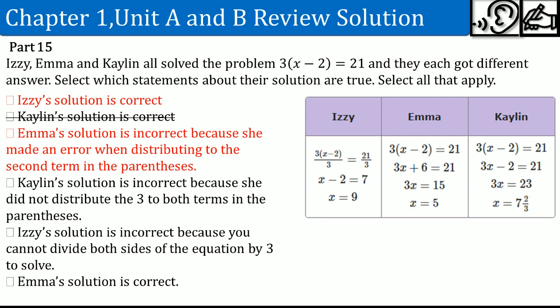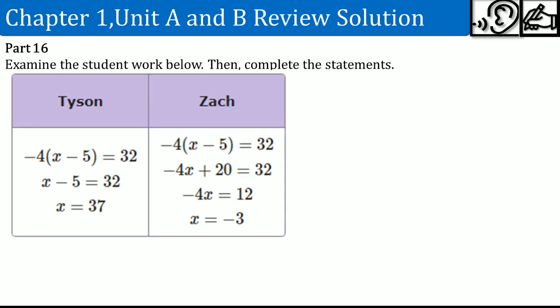It should have been a negative 6. Caitlin messed up because she didn't even distribute that 3 into the second term. The negative 2 is the second term. Emma didn't distribute and multiply the negative 2 with the 3. So that's wrong. Part 16.